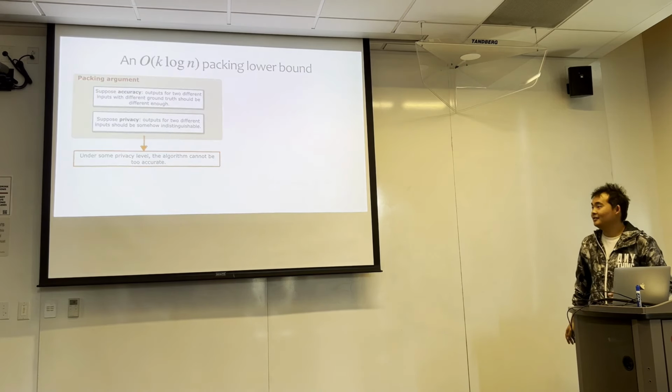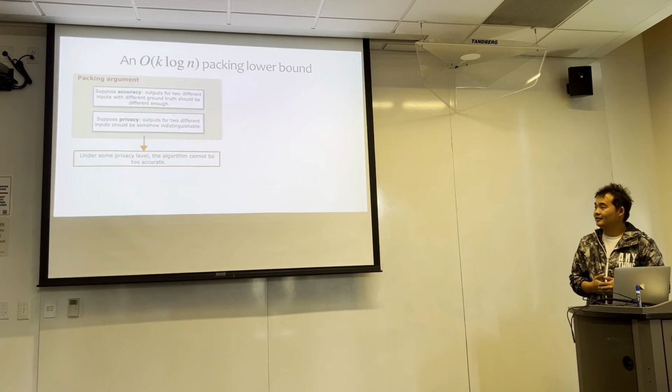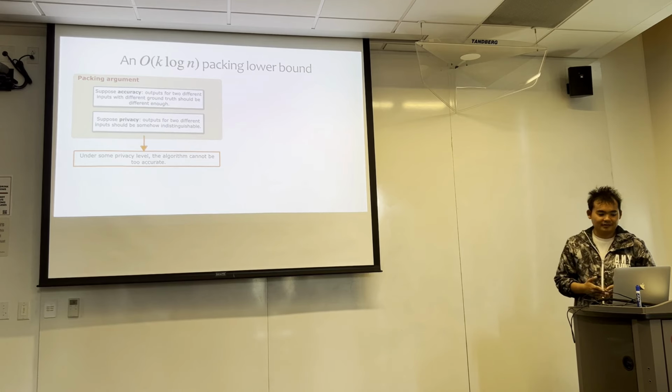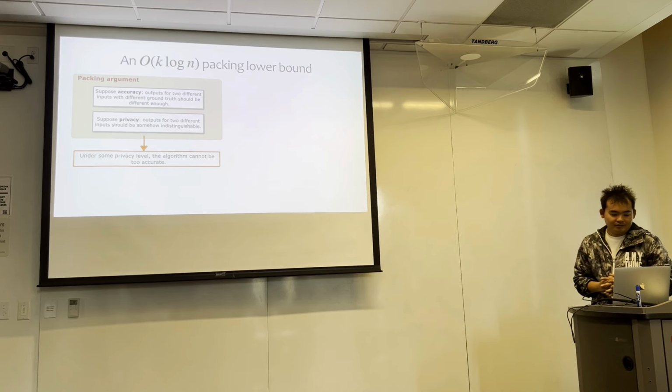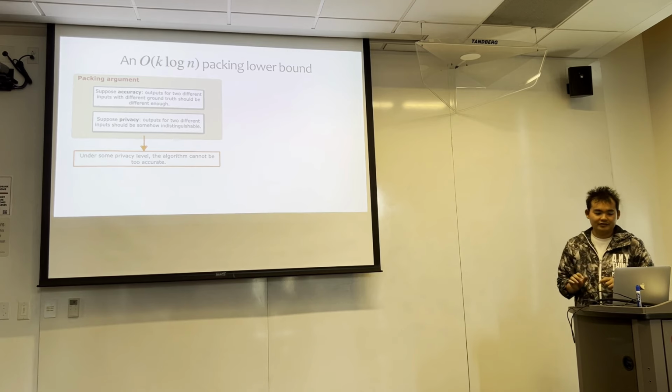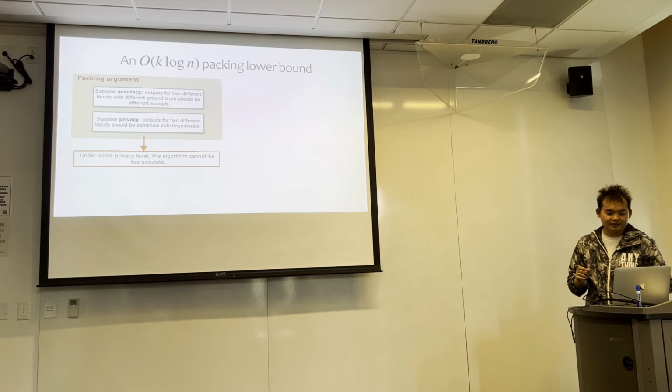The rest of the slide is trying to use the packing argument to give the lower bound. I'll just quickly introduce some intuition. Suppose you want to prove a lower bound for a private algorithm. Suppose the algorithm is accurate, then the outputs for two different inputs with different ground truths should be different enough, right?